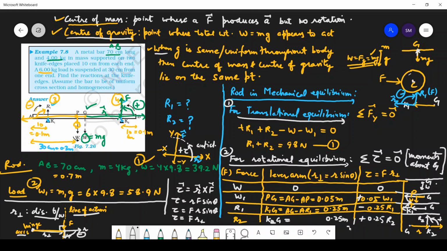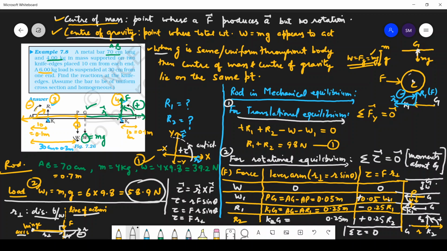So now we simply add these three. We get summation tau equals 0. So we'll get one more equation here: 0.5 W1 times 0.25. You know the value of W1, that is 58.9.